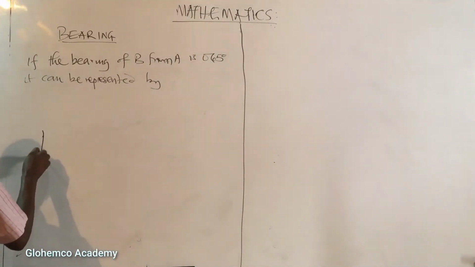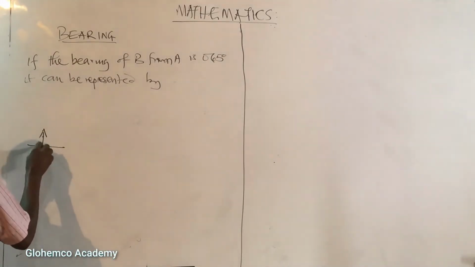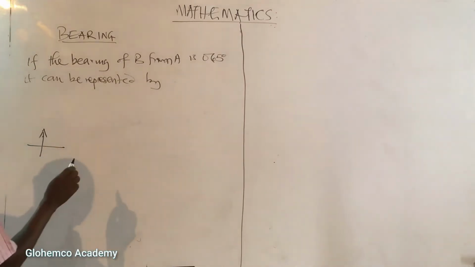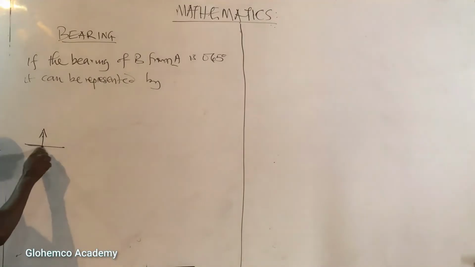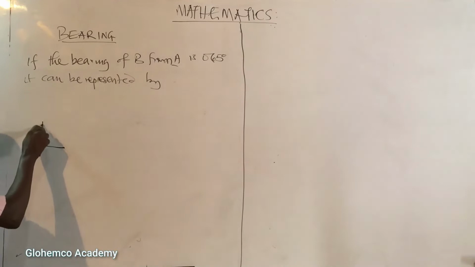This is the bearing of B from A. It means you are starting from A. What we want to draw, you draw your bearing point like this, and then you are moving upward. This is the North Pole.